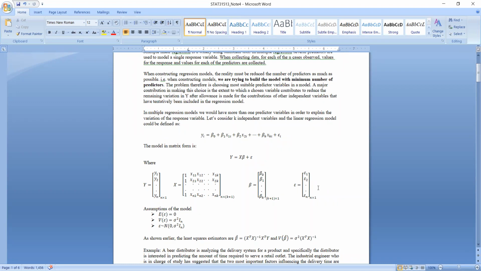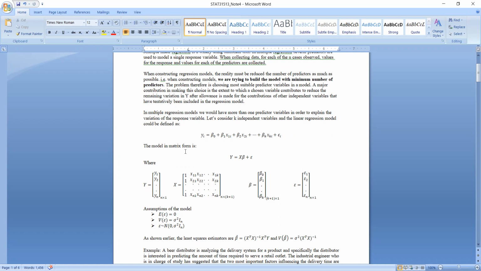Now if you look at the model equation, in general, when you write the model equation for multiple linear regression, we believe that we have k independent variables, right? So you have x1, x2, x3 up to xk.